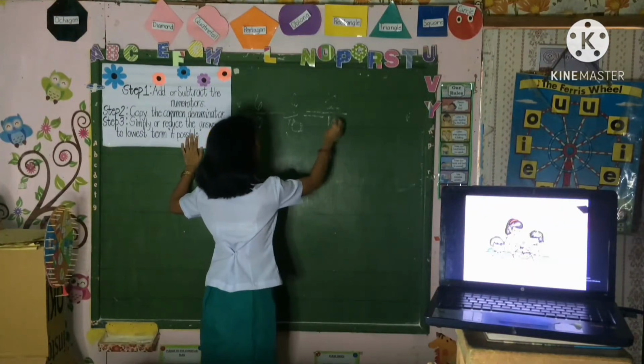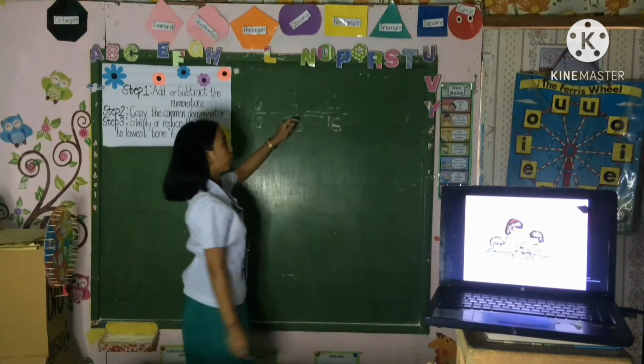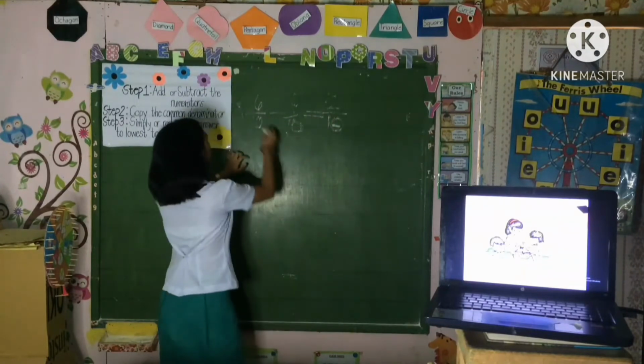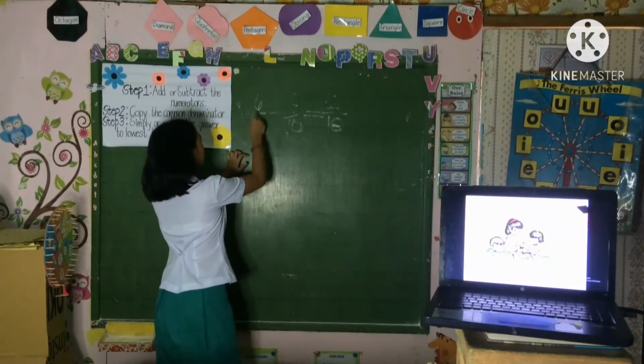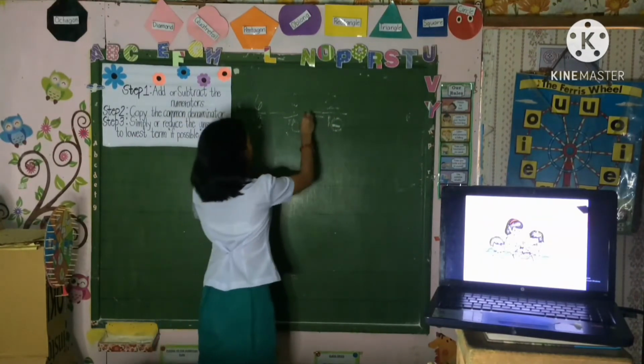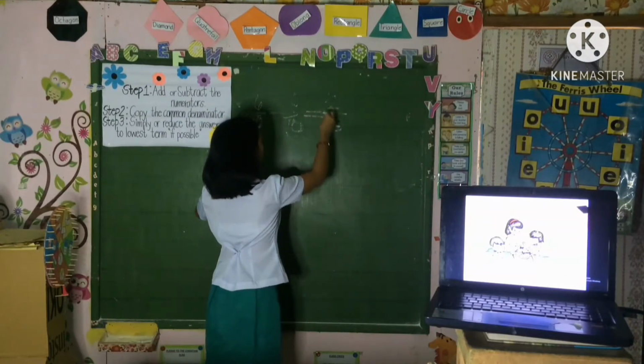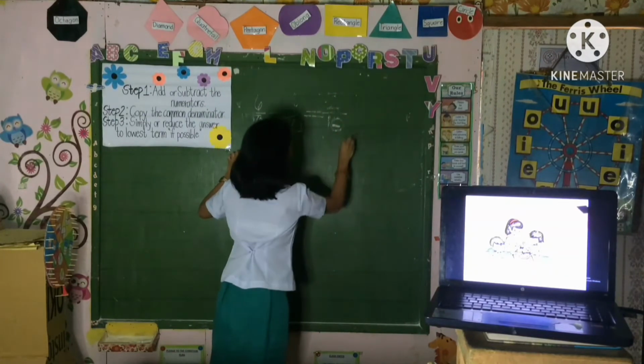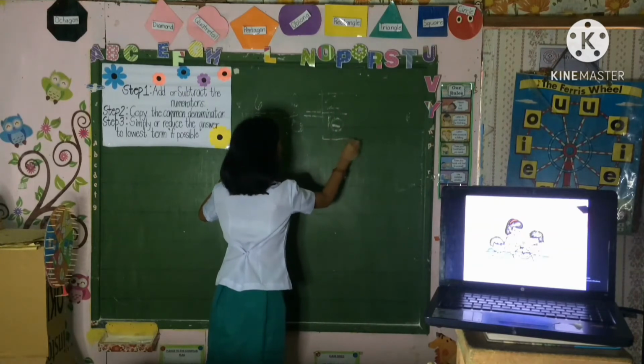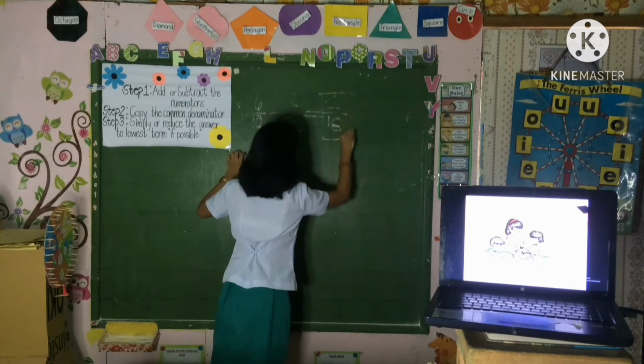Let's check your answer. 6 minus 4 is equal to 2, and the denominator is 10, so we will copy this denominator. So class, is 2 over 10 in the simplest form or in the lowest term?